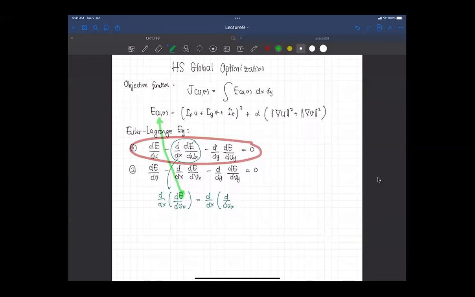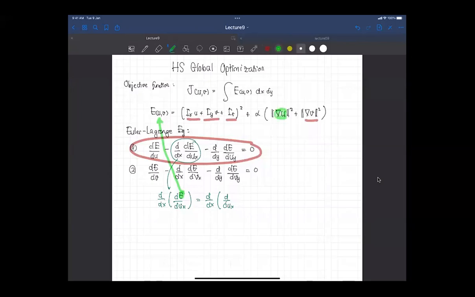So where is ux in the equation E? Definitely it's not here, it's not there. I think there's nothing here, but there must be somewhere.